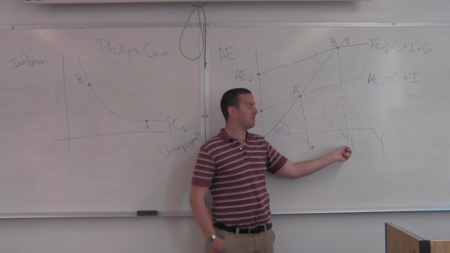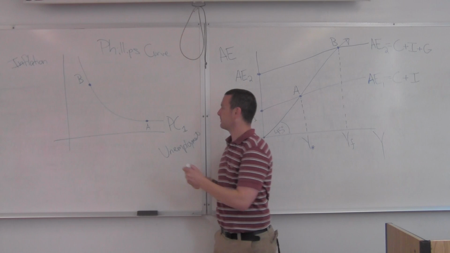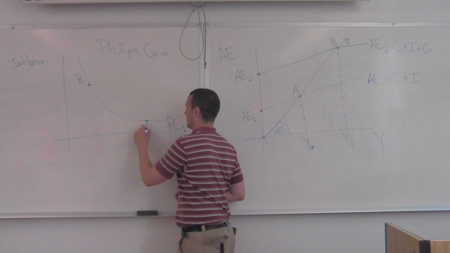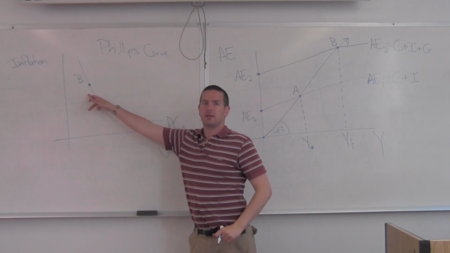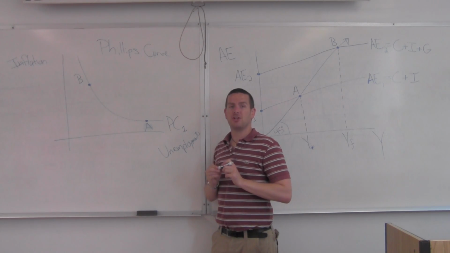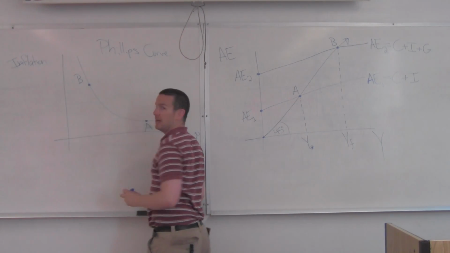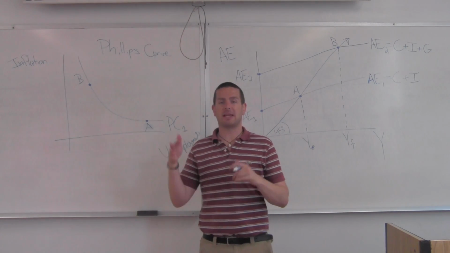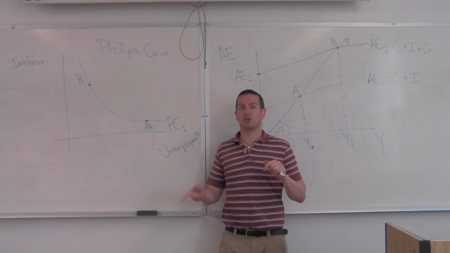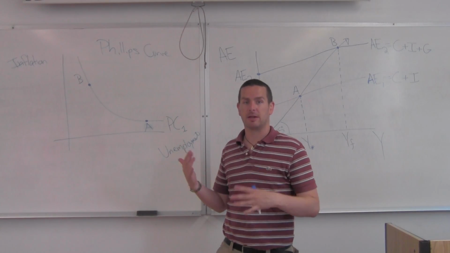Point B, we have full employment, or more or less at full employment, but there's inflation. Prices are rising. So when you go from point A to point B, sure, unemployment can go down, which is a good thing, but prices could go up, which is a bad thing. At least we think it's a bad thing.